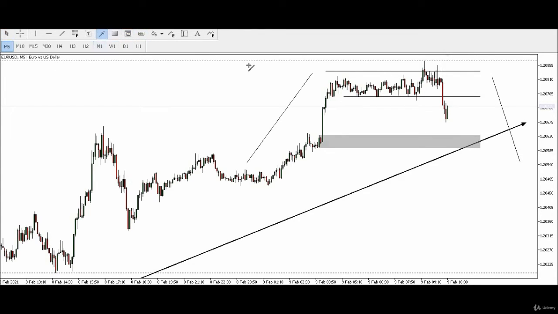So here is the scenario which I was talking about in the previous lecture. So break of the support line, and now we can retest it and go down, or we can come back in this range and sell and buy, sorry.